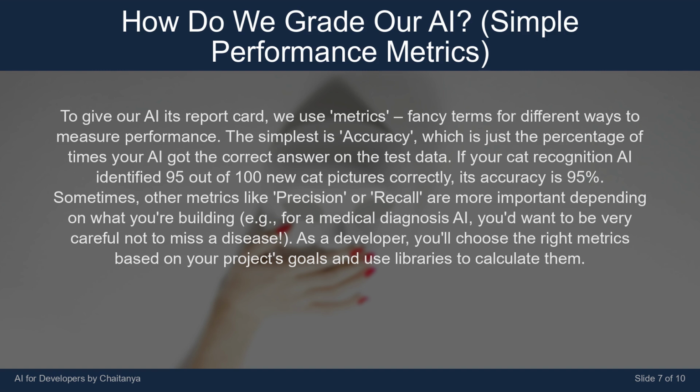Sometimes, other metrics like precision or recall are more important depending on what you're building. E.g., for a medical diagnosis AI, you'd want to be very careful not to miss a disease. As a developer, you'll choose the right metrics based on your project's goals and use libraries to calculate them.